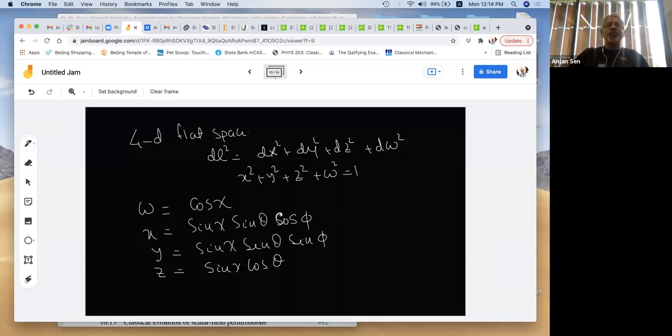If you do this transformation, so first you take a 4D flat space, then you put a 3 sphere there, so this is the constraint on the 3 sphere. The metric on the 3 sphere will be, you have to replace this w in terms of x, y, z, and then do a coordinate transformation this way. You get exactly this metric.